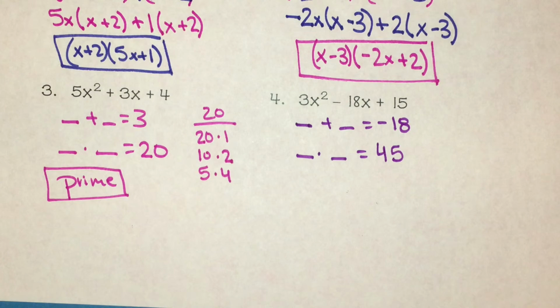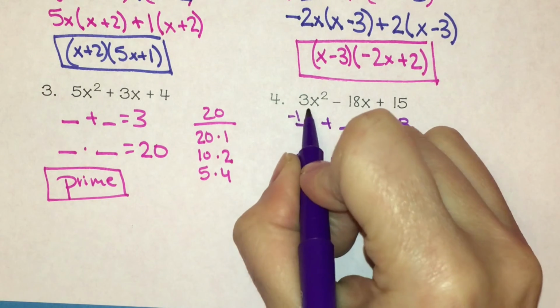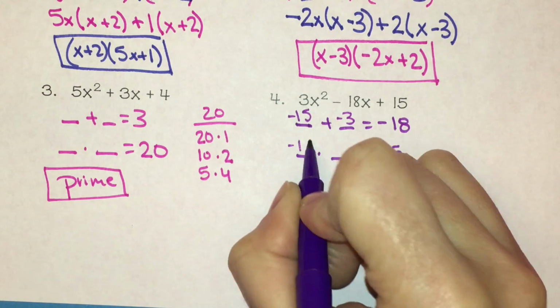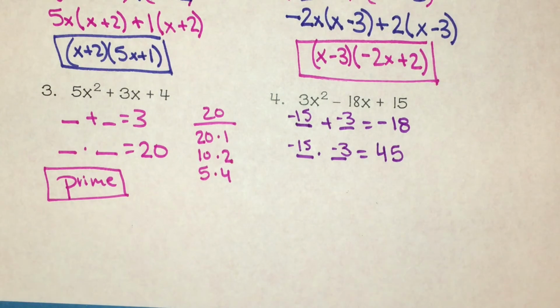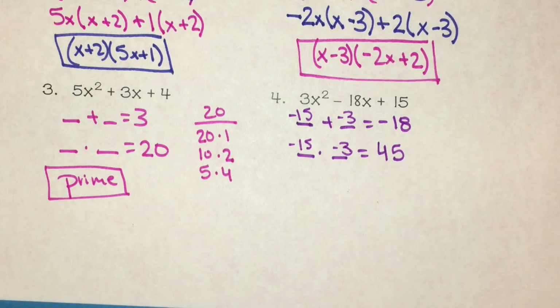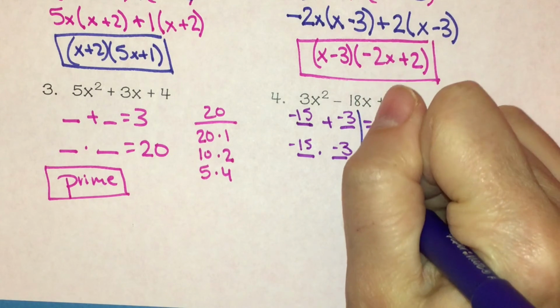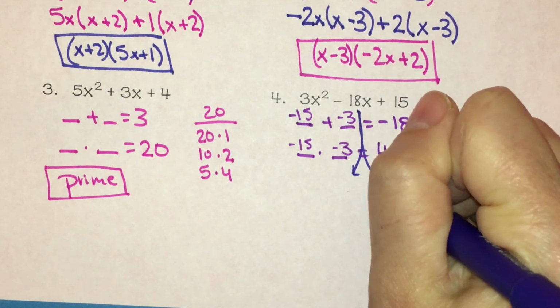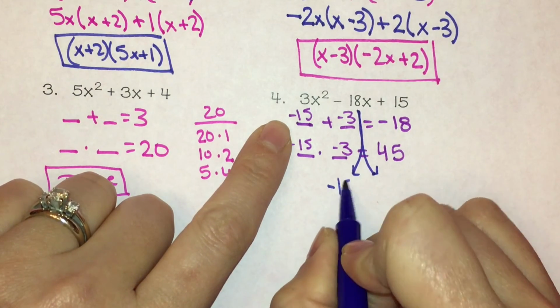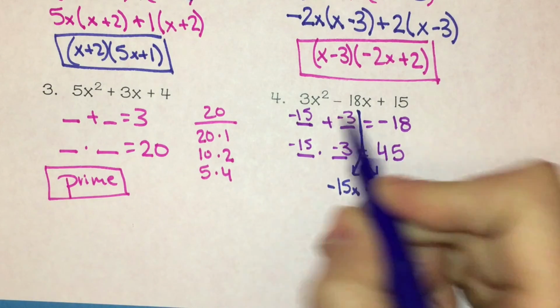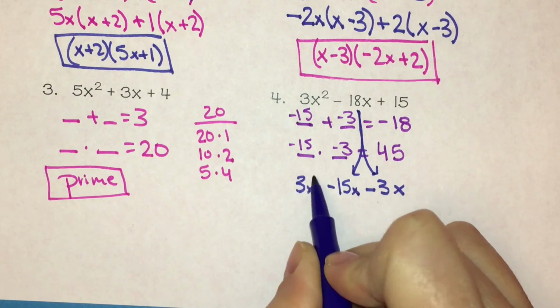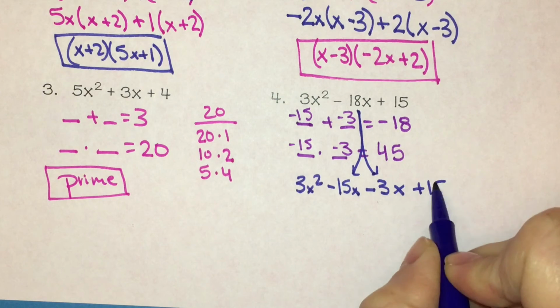Hopefully you got negative 15 and negative 3. And it doesn't matter which one you put first because you'll still get the same factors once we factor it. Factor negative 18x down into negative 15x minus 3x. Bring down that 3x squared in front, the plus 15 in back.